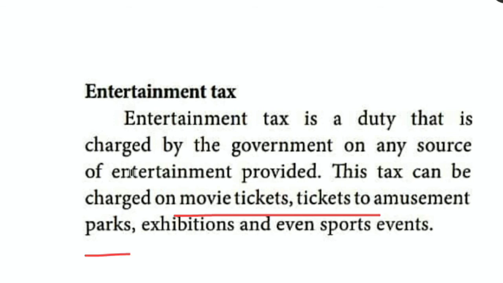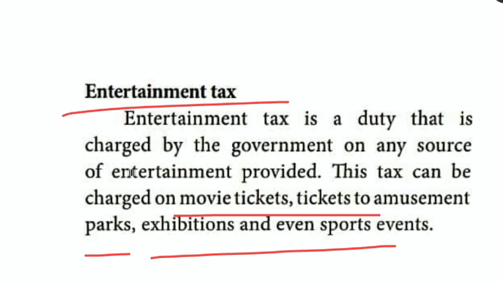Then tickets to amusement parks: when we go to ecological parks as well as amusement parks, they collect some amount, and half of the amount goes to the government. That is the entertainment tax. Then exhibitions: when they conduct an exhibition, we pay entrance fees. Sports events, when they conduct cricket or hockey matches, we also pay some amount. The government collects some amount from the people. Those amounts are called entertainment tax.